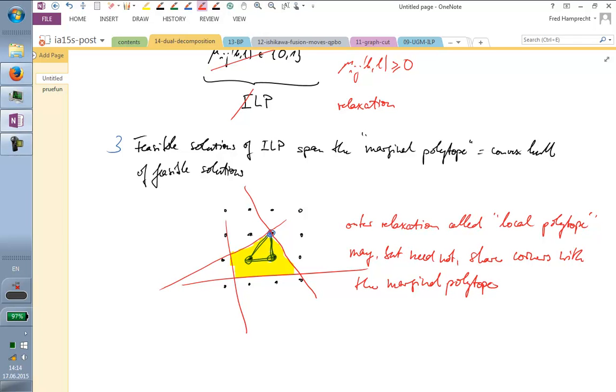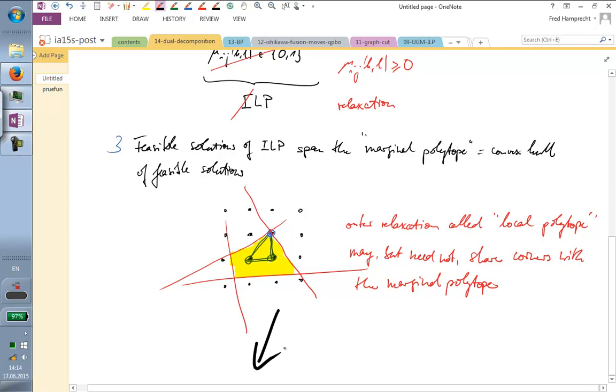And now I did not indicate in this picture where my cost vector is pointing. This depends, of course, on the data I observe. So for example, if my cost vector is pointing in this direction, then the solution found by the relaxation or by solving the ILP will be different. However, if my cost vector is pointing, let's say, in that direction, then the solutions will happen to coincide.